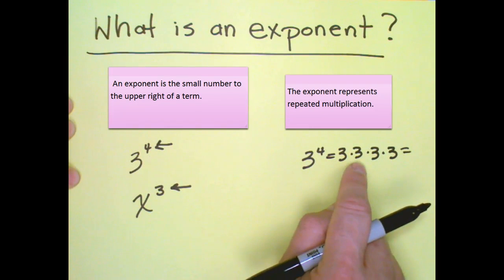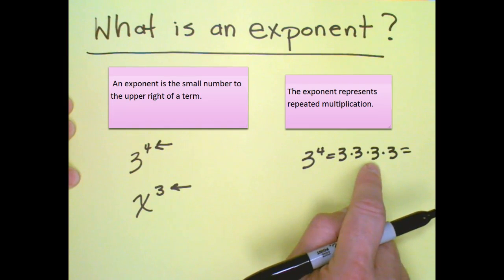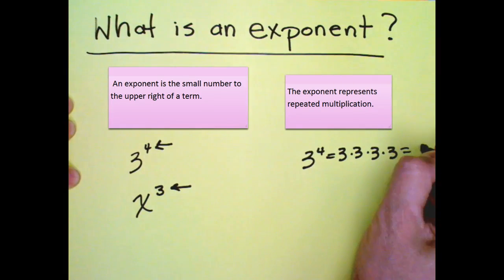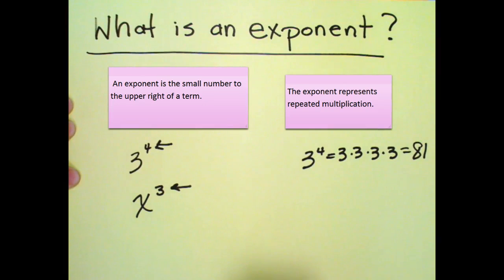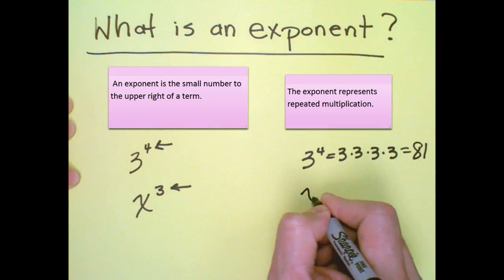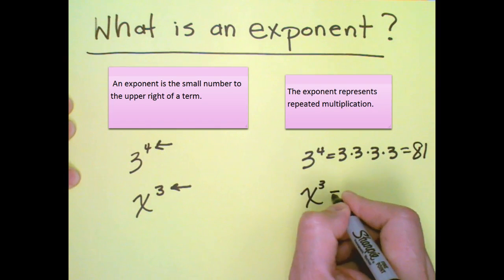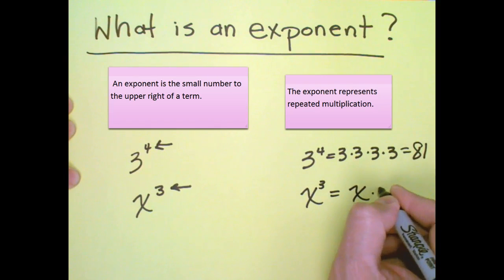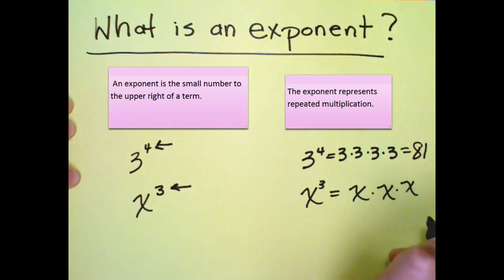It is 3 times 3, which is 9, times 3, which is 27, times 3, which is 81. And x to the 3rd power is again x times x times x. So that tells us what an exponent is.